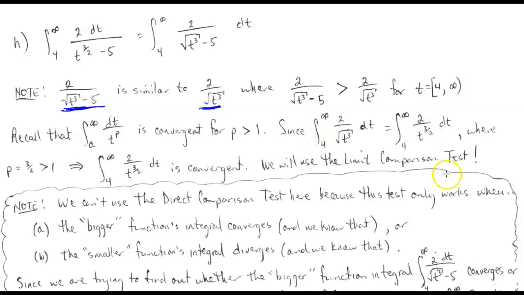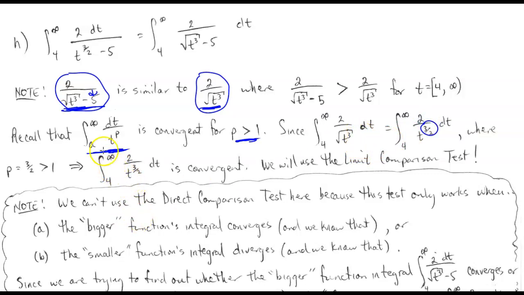Okay, and so of course, since there is a minus 5 here, that lets us know that the original integrand is going to be a function larger than this closely related function here for values of t that are 4 and higher. So remember here that our special case improper integral is convergent for values of p that are greater than 1. Okay. Notice here that 3/2 is greater than 1.